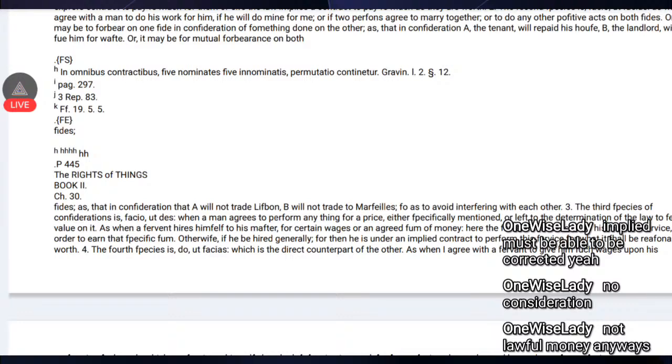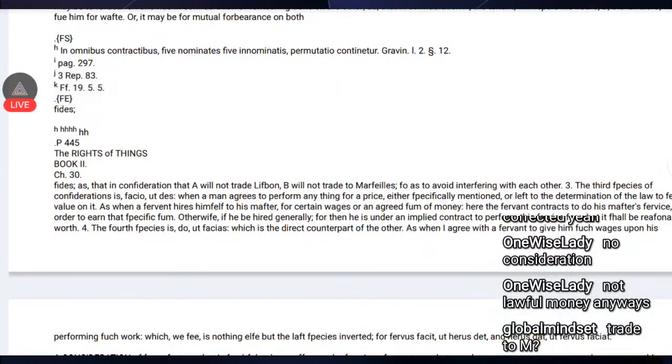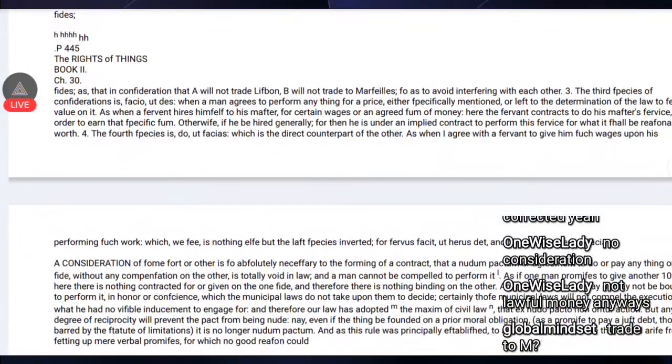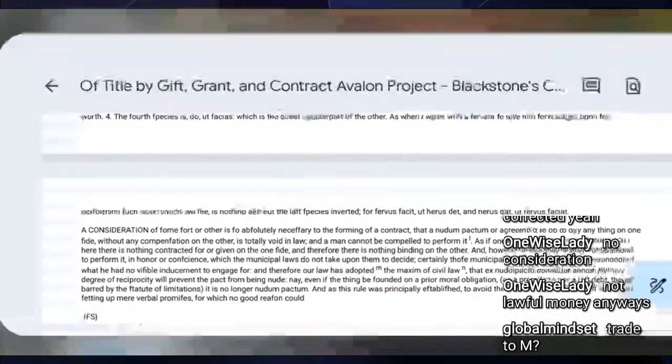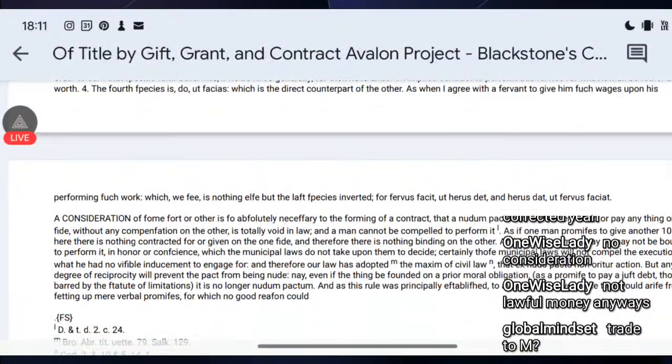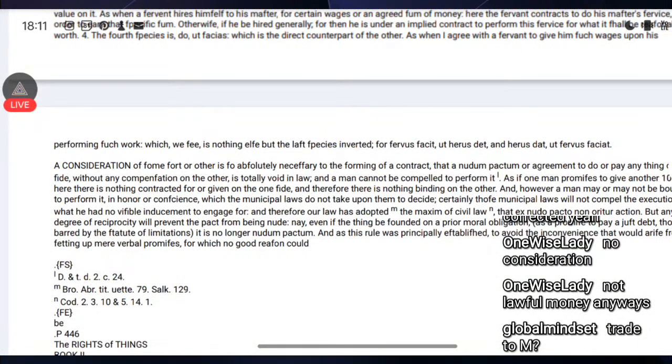The fourth species is do ut facias, which is the direct counterpart of the other, as when I agree with the servant to give him such wages upon him performing such work, which we see is nothing else but the last species inverted.